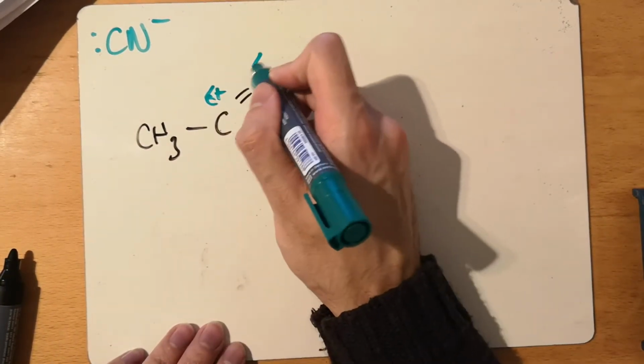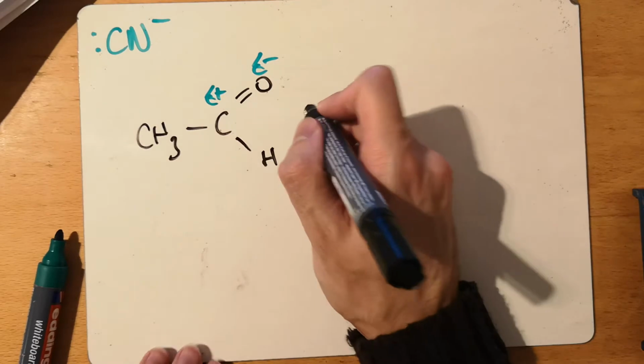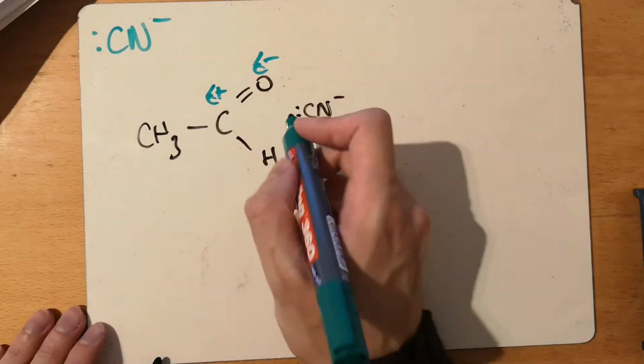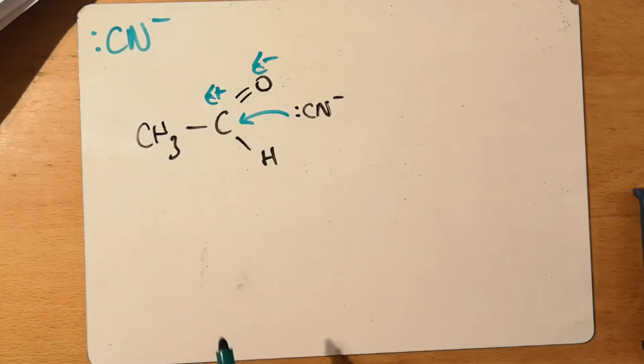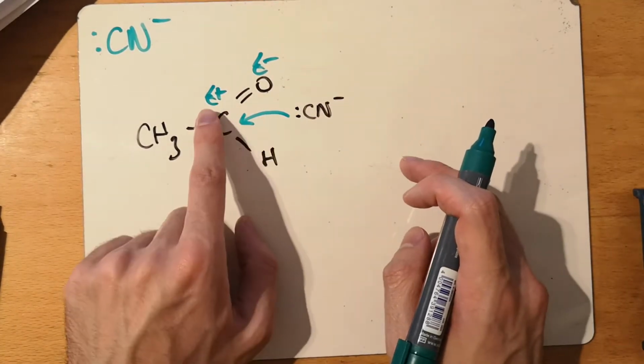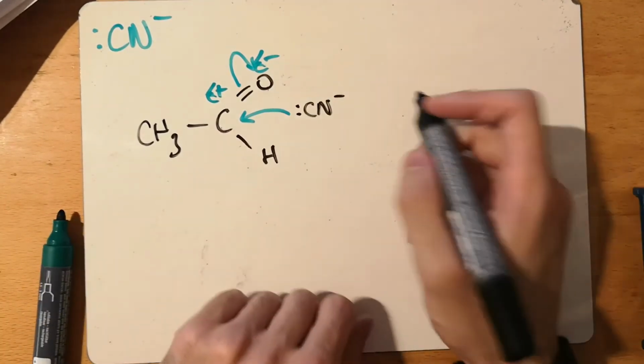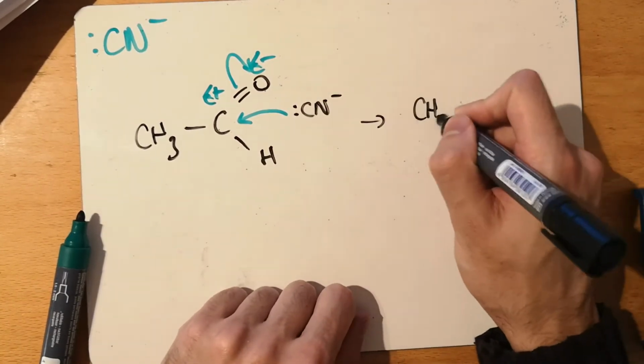So delta plus, delta minus, always important to start. This time we'll have our nucleophile on there, CN minus, and that attacks the carbon. Negative going to positive. That bond's going to break to give our intermediate.